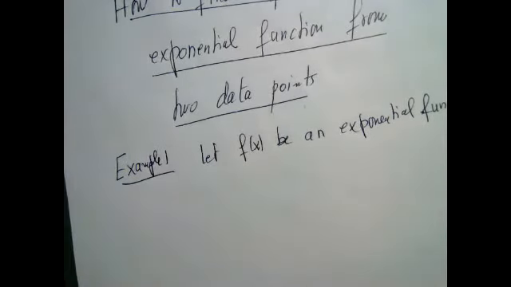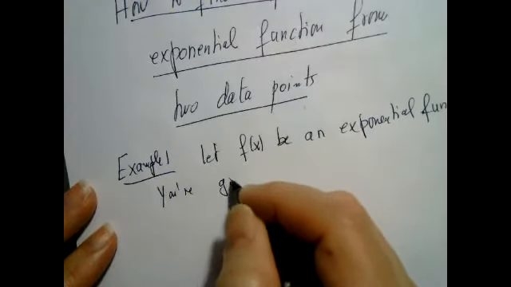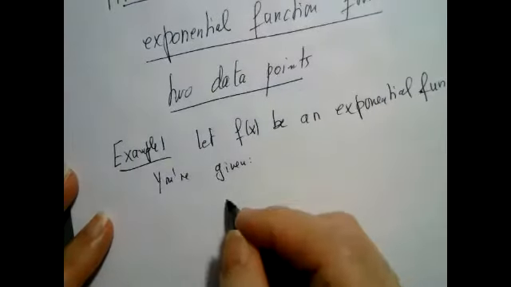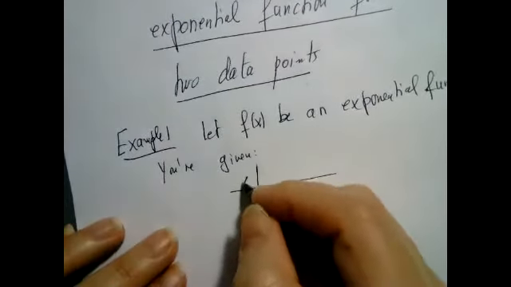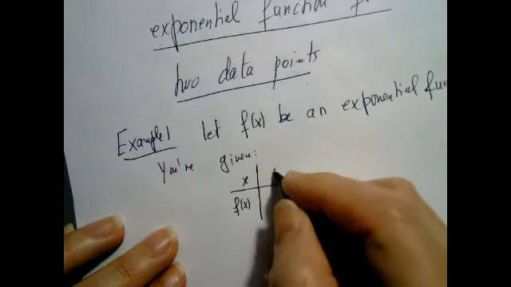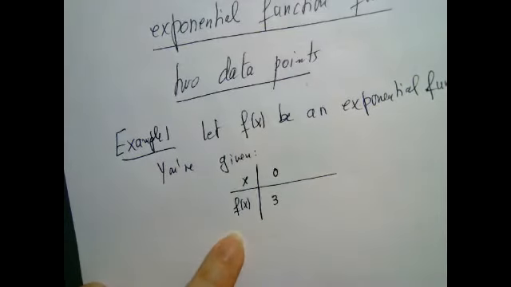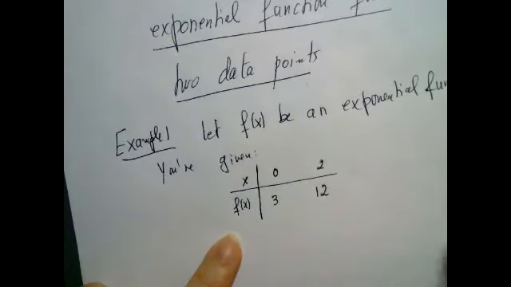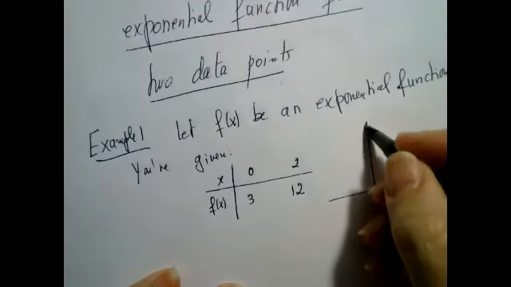I'm going to give you some data points. You're given the following table, where the table contains some values of x and f of x. If x is 0, f is 3. If x is 2, f of x is 12.